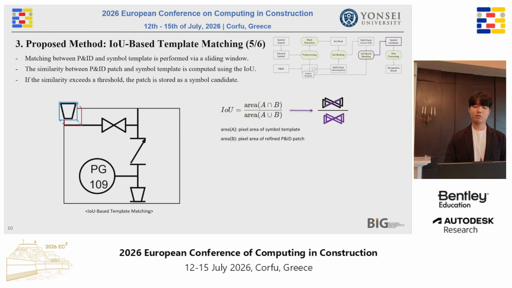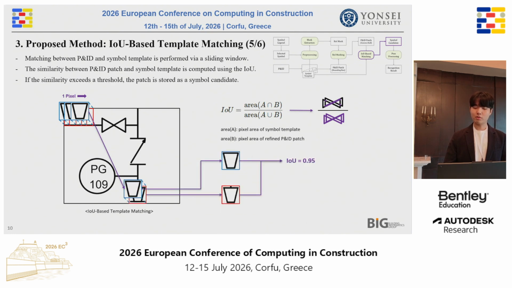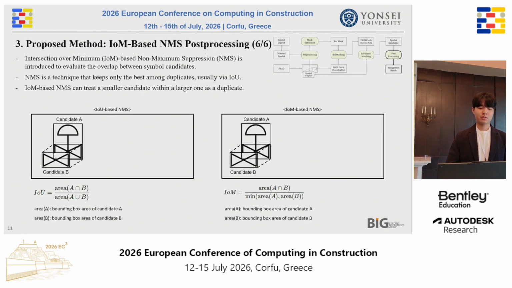Each template slides over the entire P&ID pixel by pixel, and we compute IOU between the template and the refined patch. If the IOU exceeds the threshold, the patch is stored as a symbol candidate.